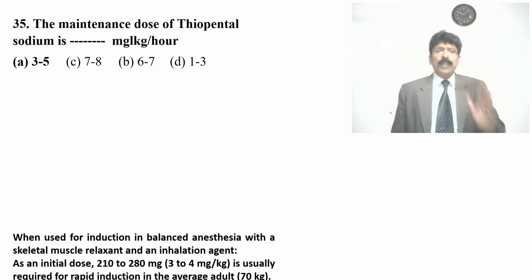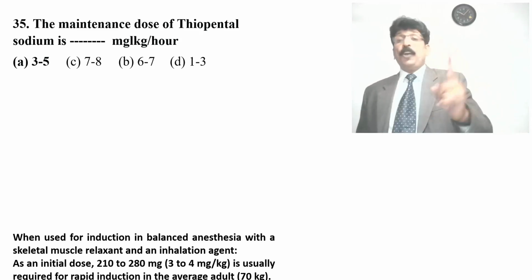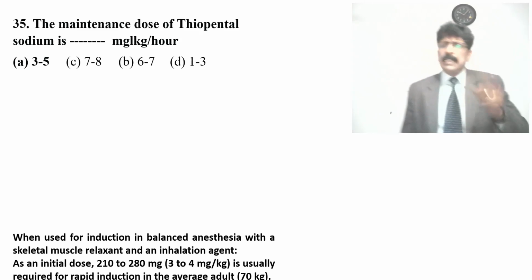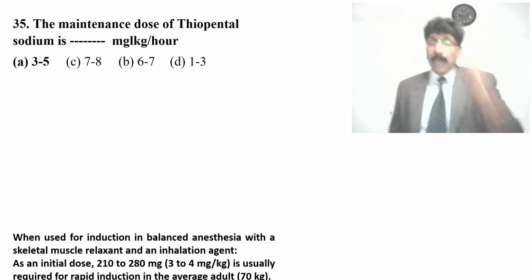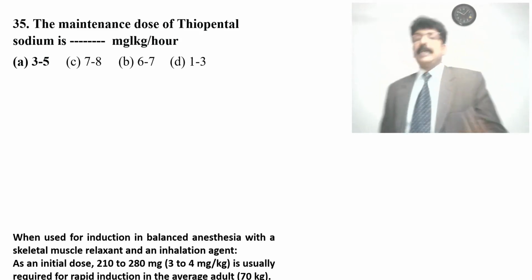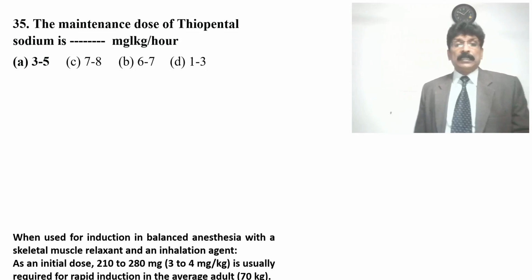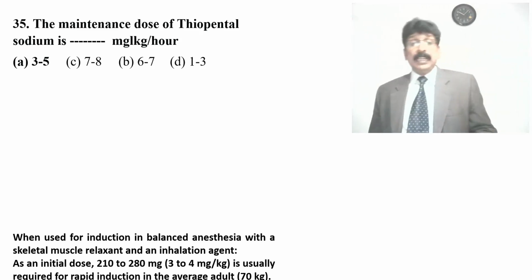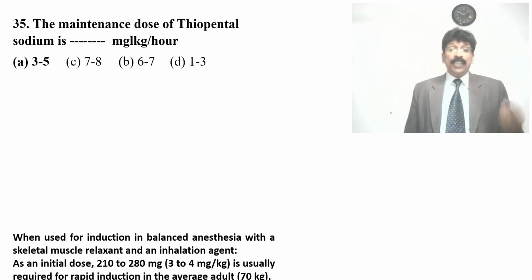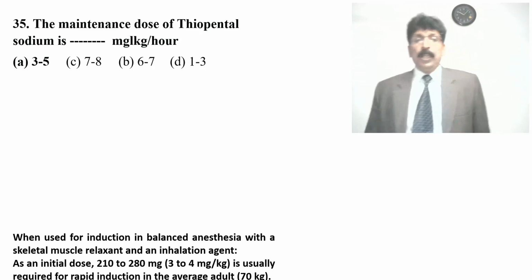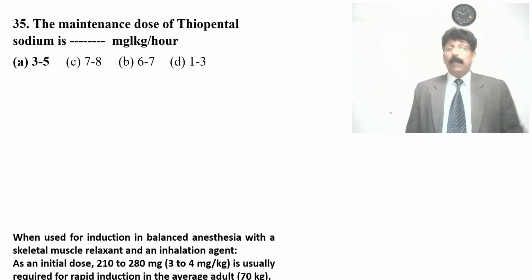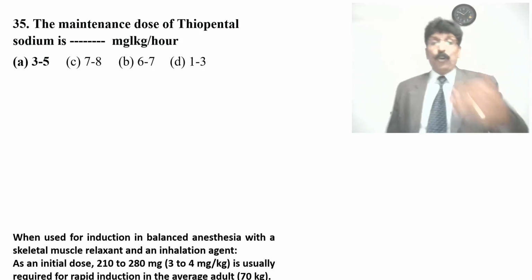When you use it for inducing balanced anesthesia with a skeletal muscle relaxant and an inhalation agent, as an initial dose it is given 210 to 280 milligram, and afterwards 3 to 4 milligram per kg.